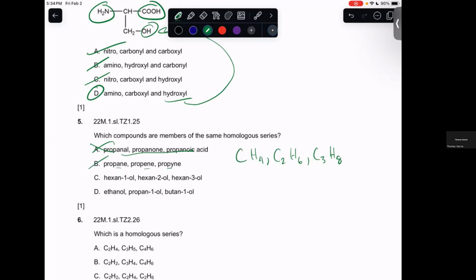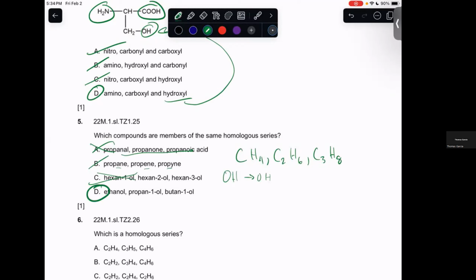Not it. Hexan-1-ol, hexan-2-ol, hexan-3-ol. This seems pretty close. We are moving our OH over by 1 every time. But the problem with that is these are just isomers. These are not part of a homologous series. They're structural isomers. So finally, we have D, ethanol, propan-1-ol, butan-1-ol.